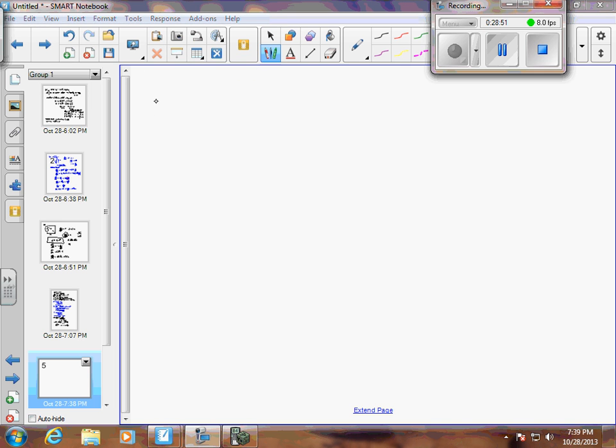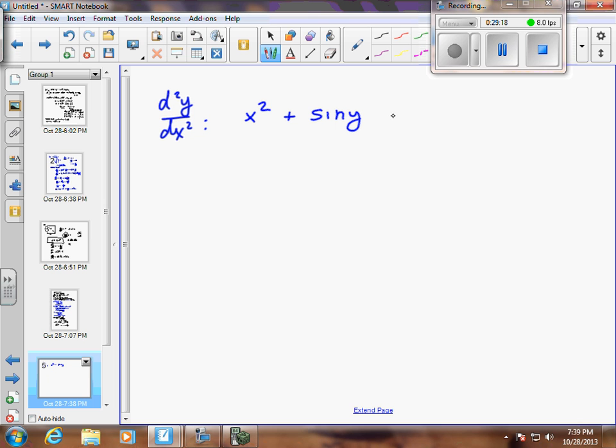Okay, the question was to do another example where we have to find the second derivative using implicit differentiation. Suppose we have the function x squared plus sine of y equals y plus 2.